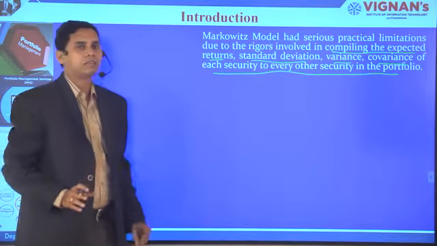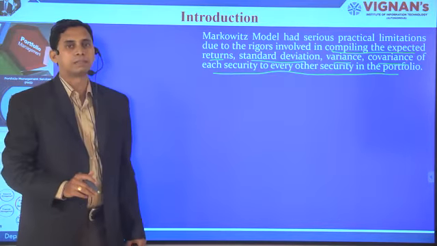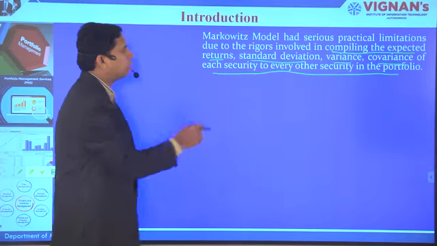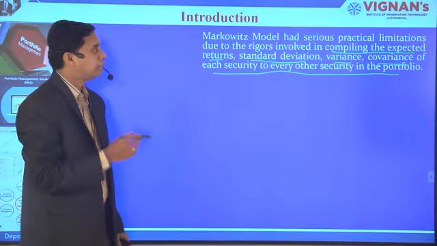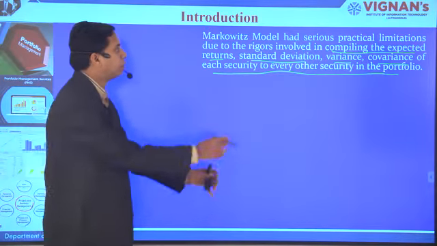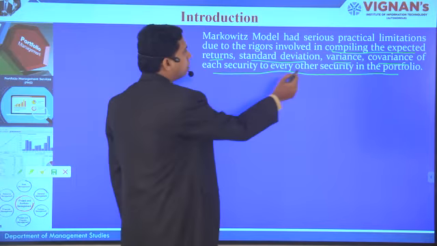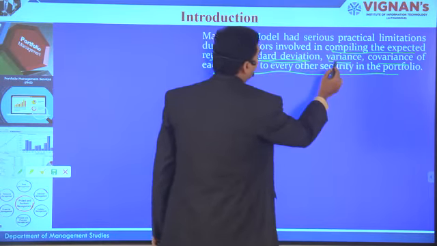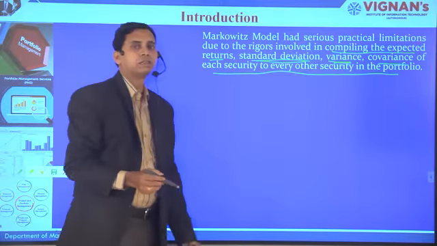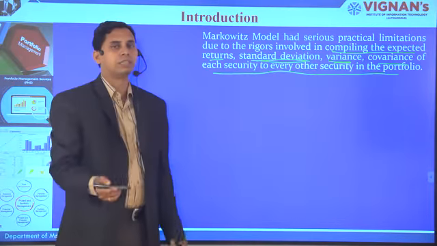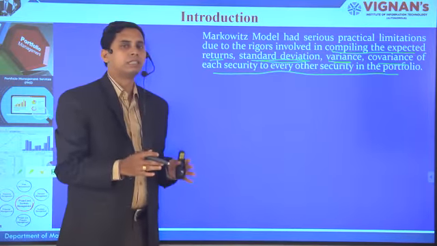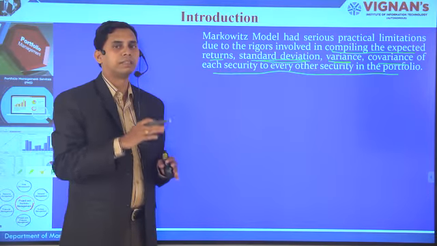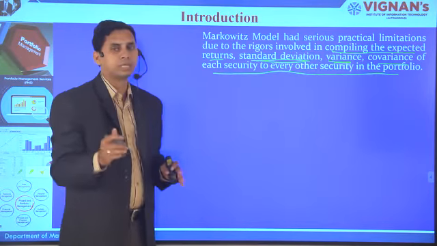All these are very complex to calculate, because if you look at the variables to be calculated while using the Markowitz model, you need to consider the expected returns, standard deviation of the portfolio, variance, and covariance of each security to the other securities, that is, how the return of one security in the portfolio is related with the other securities in the same portfolio.